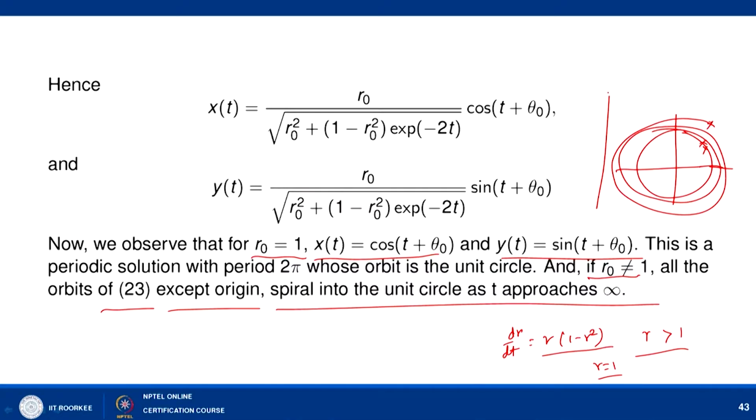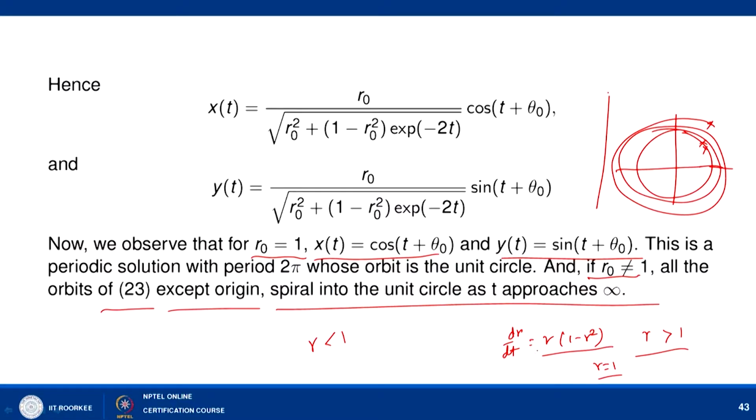It means that the radius will stay constant and will not change. So if we take any point outside and a solution passing through it, then it will spirally approach the circle x square plus y square equal to 1.